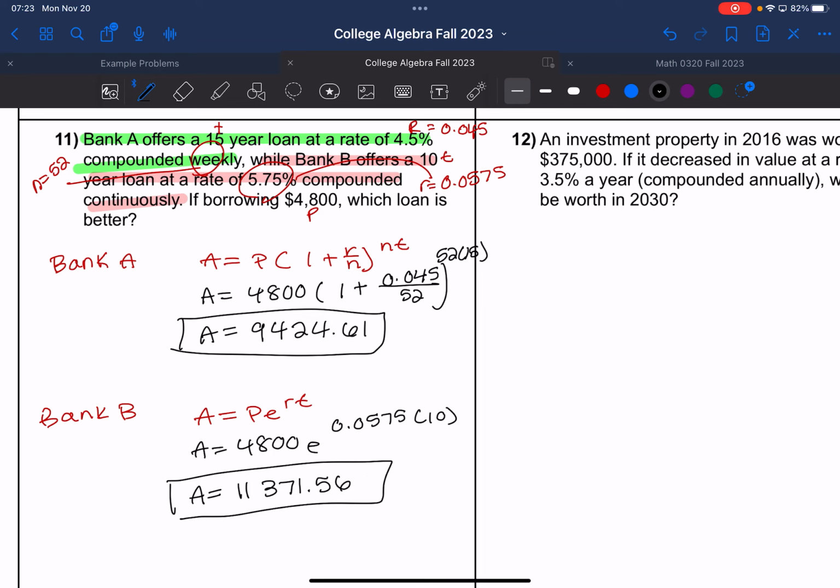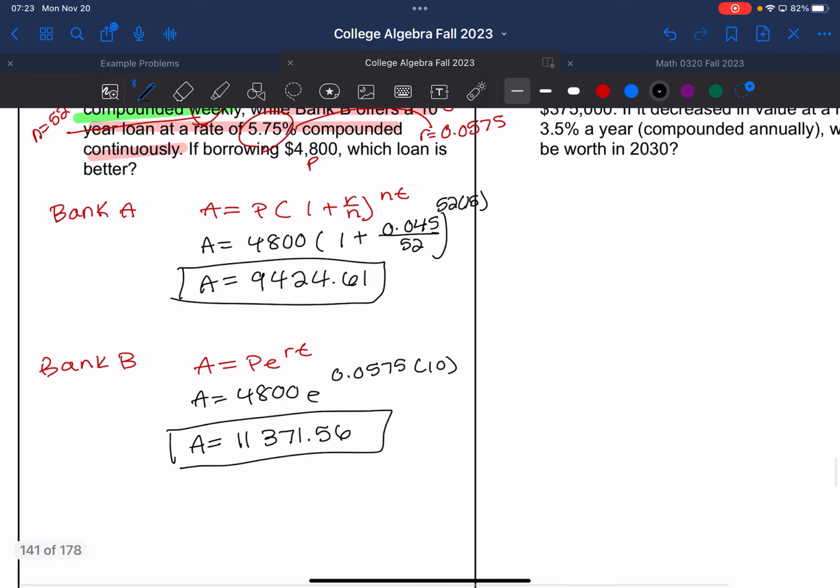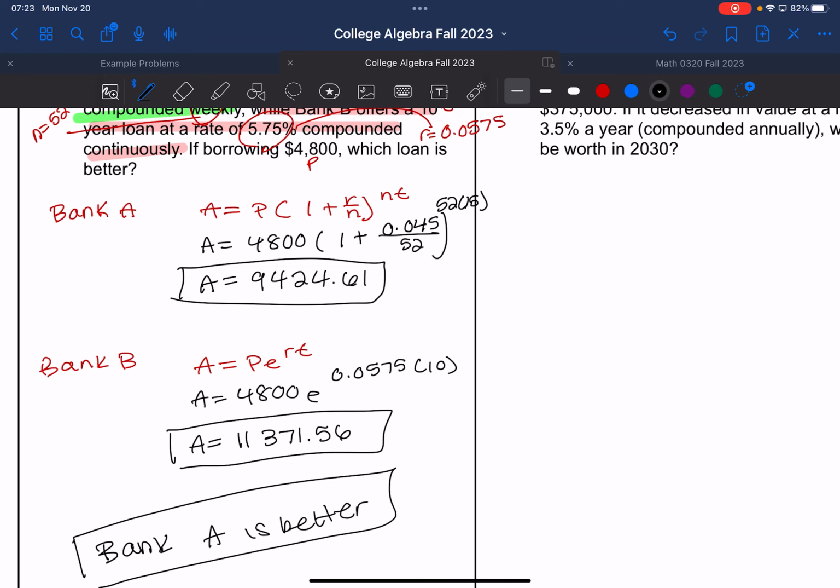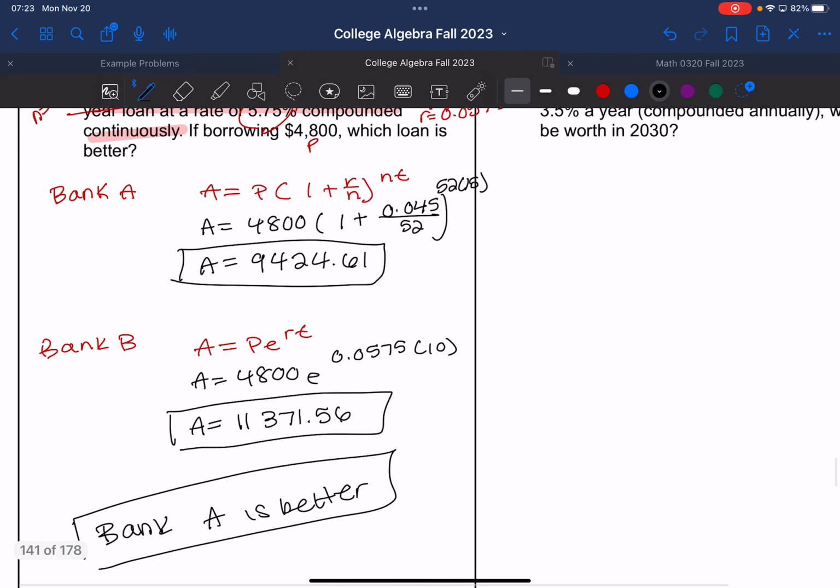So which one's the better bank, A or B? A, because you would rather pay 9,000 versus that 11,000. So Bank A is better because we were borrowing money, not investing money. Yeah, same. Oh, okay. Let me double check on my calculator.